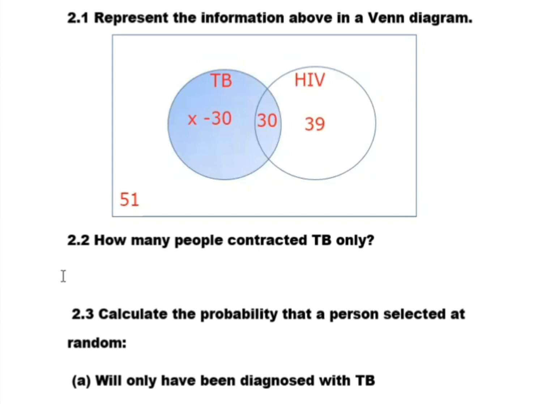So how many people have contracted TB only? In this section, you're going to say the sample size consists of 180 people.